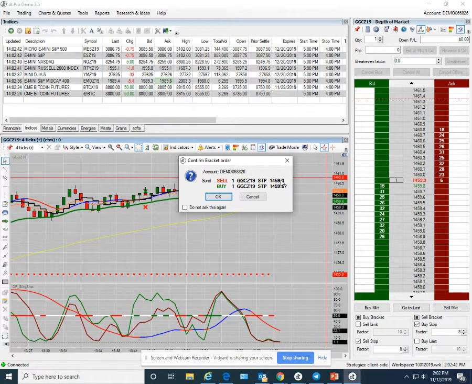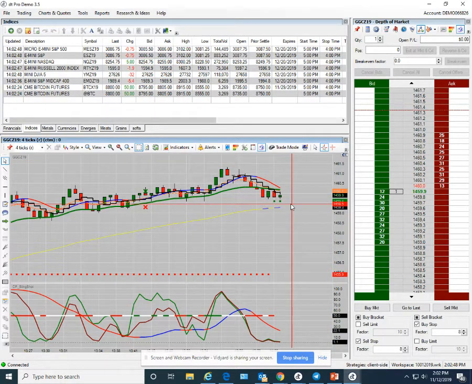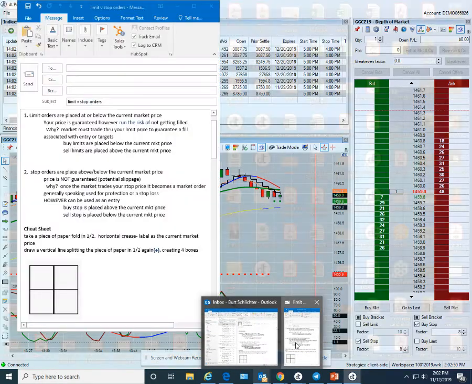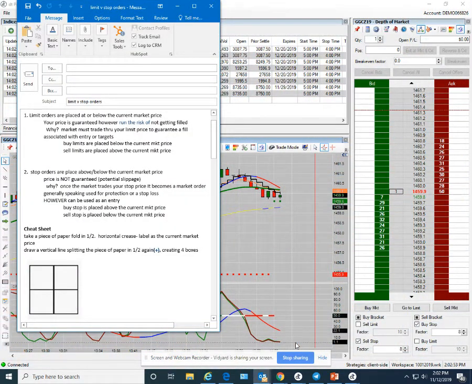That's what that means. So you're substituting price for action for the most part. So remember that. With limit orders, the price that you're placing is guaranteed. When you're placing a stop order, the price that you're placing the stop at is not guaranteed.